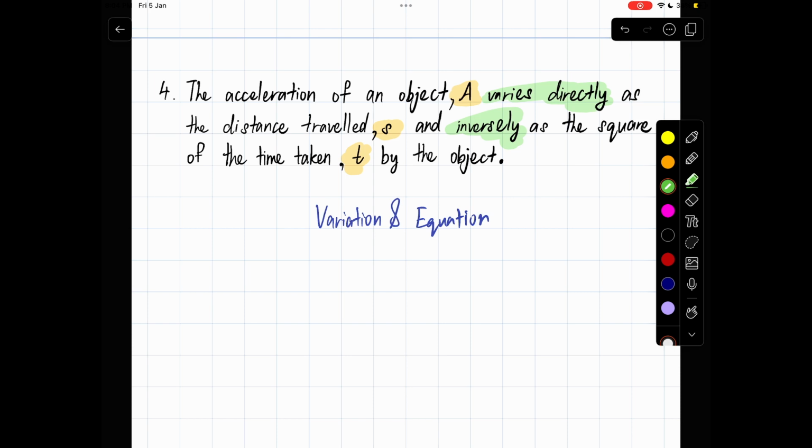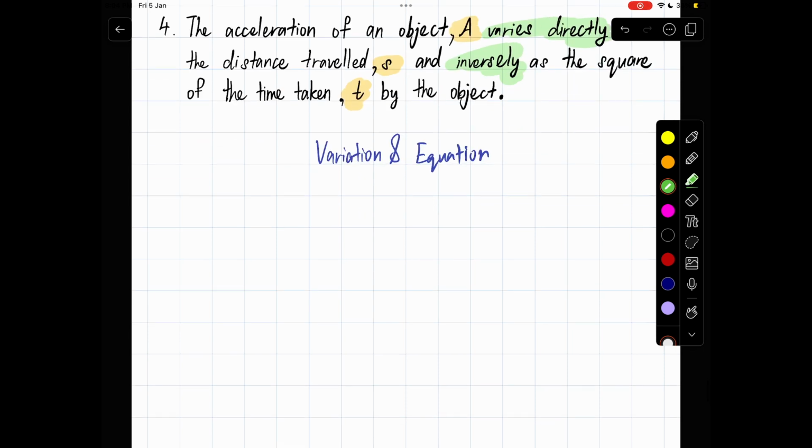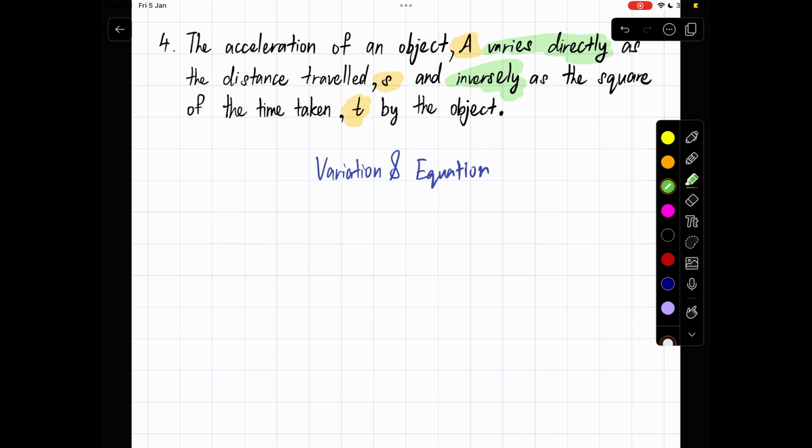So the moment we have seen this relation where both varies directly and inversely are present, we would know that it is a combined variation, and we would start writing the variation form. A is going to be the letter on the left, then the proportion symbol. For combined variation, remember to put a fraction symbol first, the over symbol.